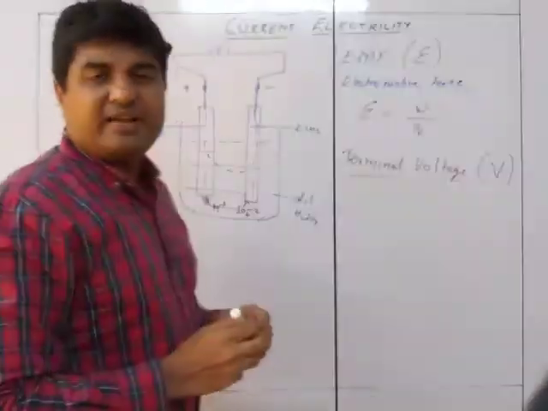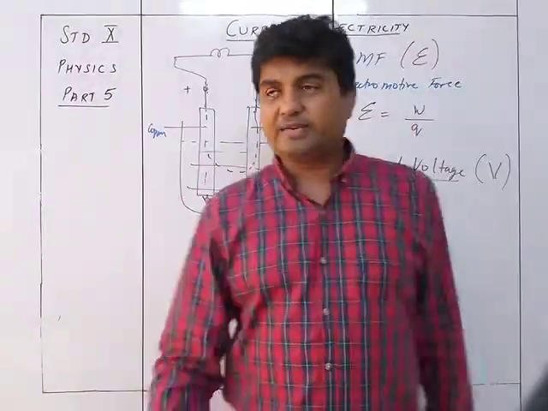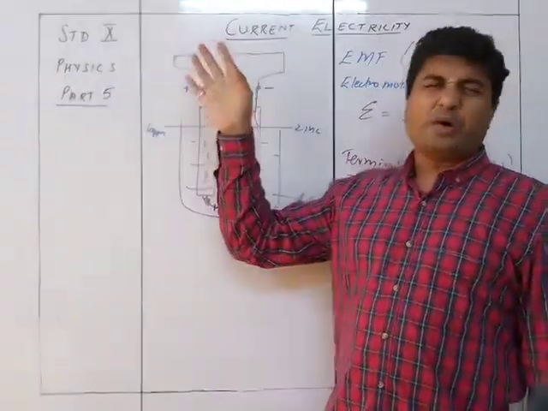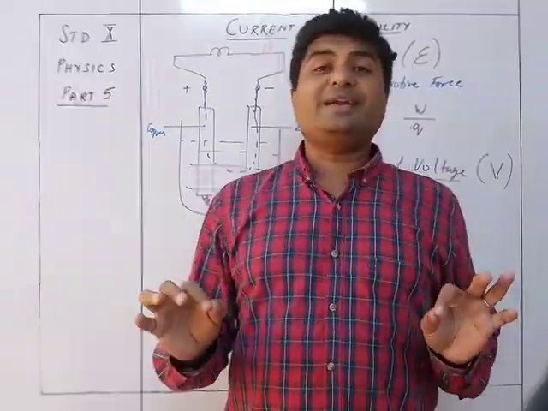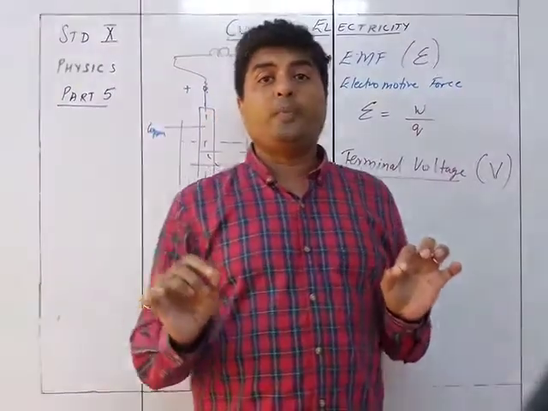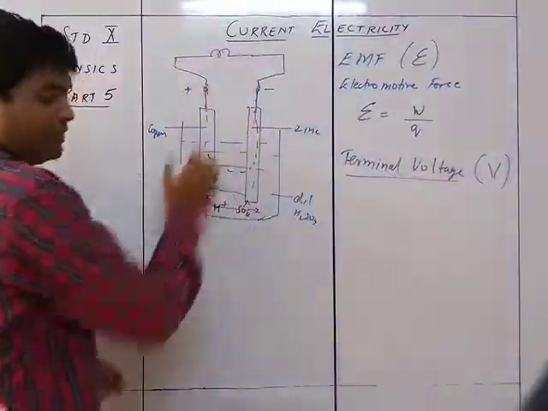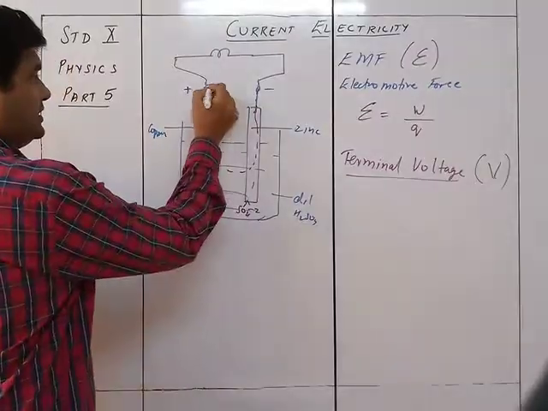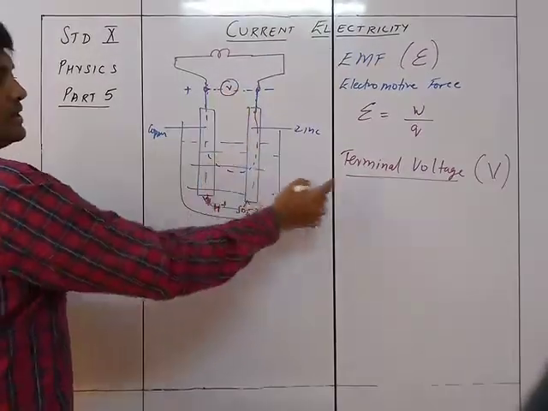So if I am having some kind of a load or some bulb or a resistance connected to the battery, that means the circuit is now complete. It is not open, it is now a closed circuit. And then the potential difference between these 2 points over here will be the terminal voltage.